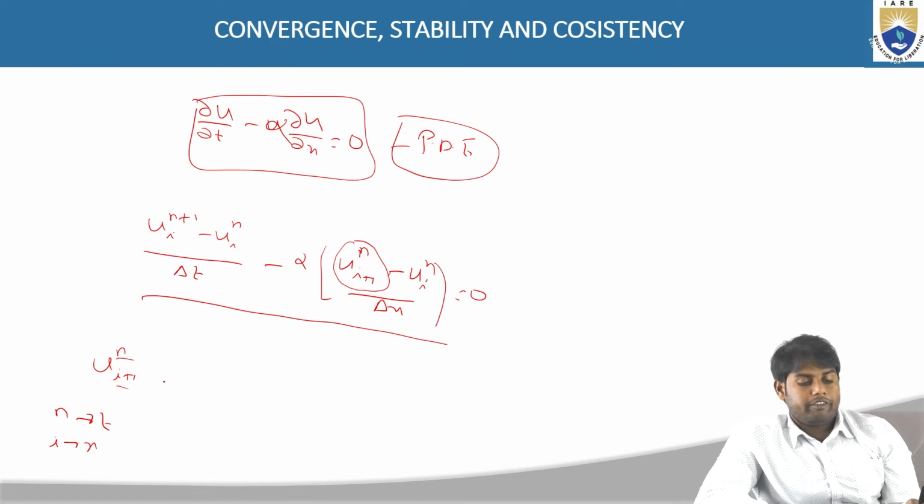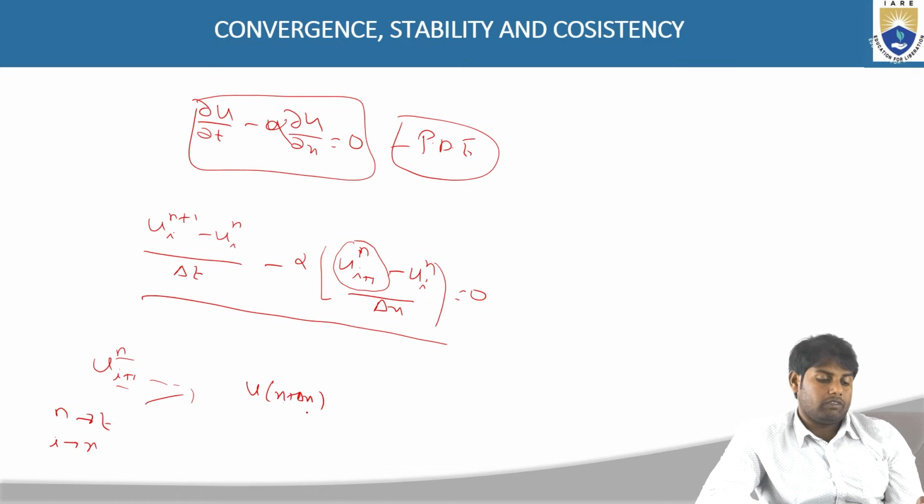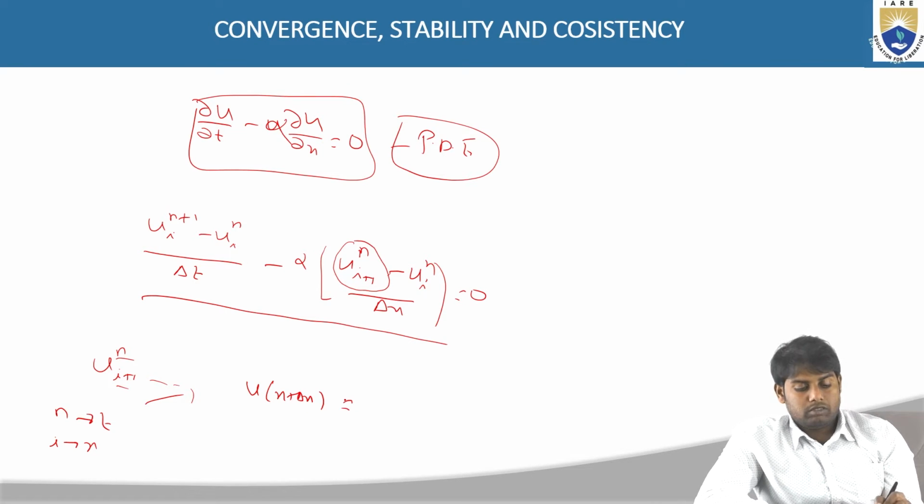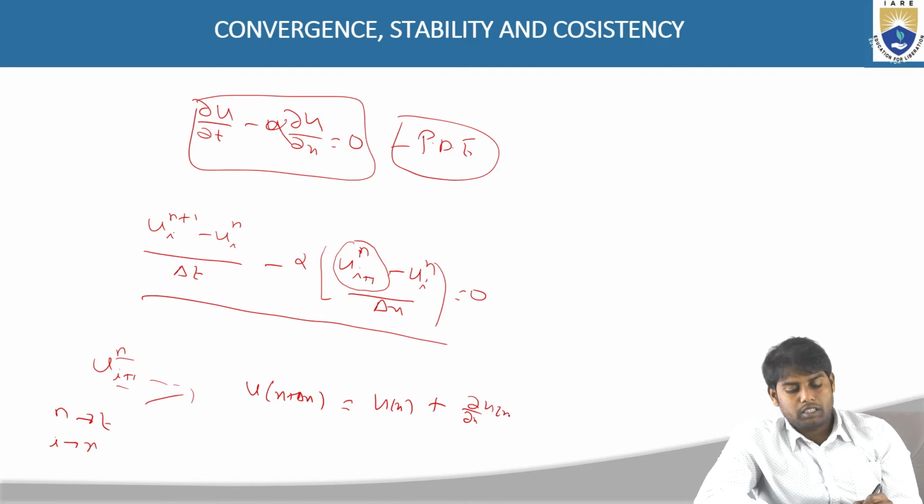If we write it in the form of a Taylor series expansion, u of x plus delta x, this is what we have at a time n. That will be u of x plus dou u by dou x into delta x plus dou square u by dou x square delta x square.